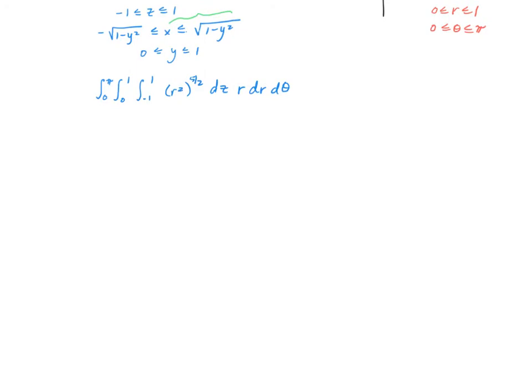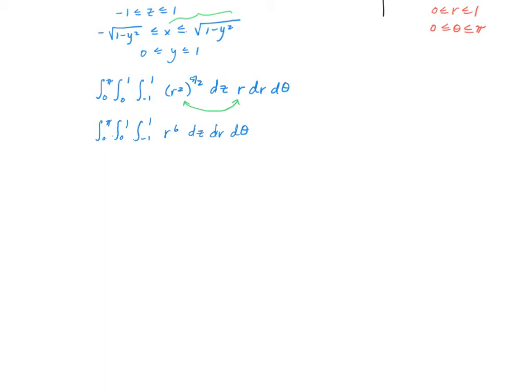Well, before we evaluate this integral, why don't I bring all this together? So this is r squared to the 5/2, that would just be r to the 5th. But then I have this other r out there, so that would be r to the 6th. So this is r to the 6th dz dr d theta.